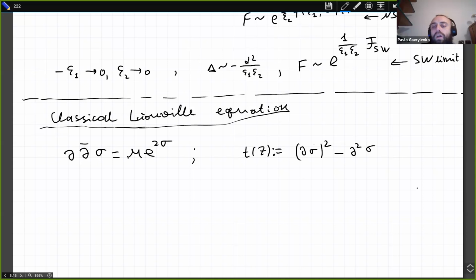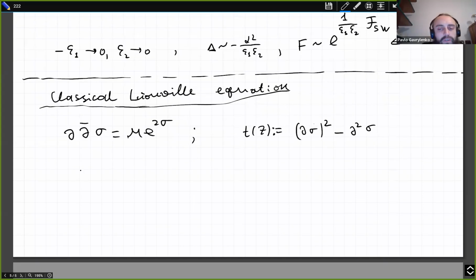Let's define such an object and compute its d-bar derivative.